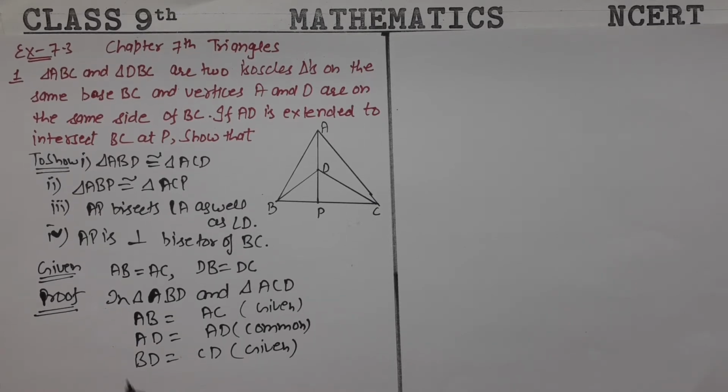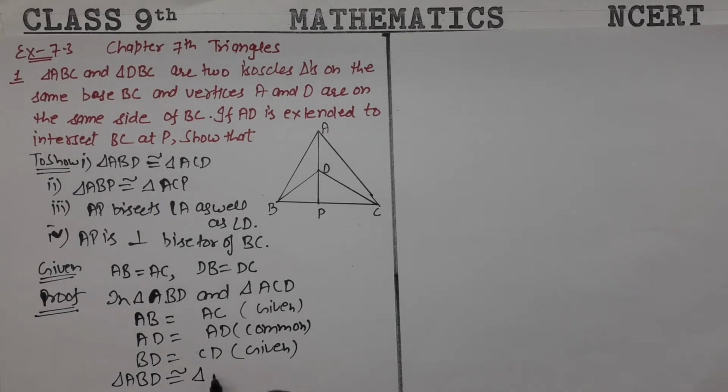Triangle ABD is congruent to triangle ACD by SSS, side, side, side.